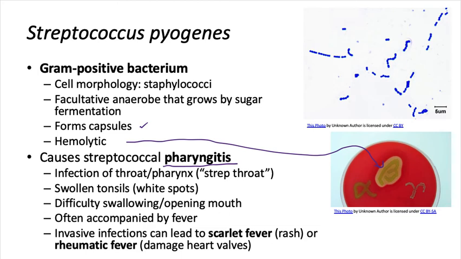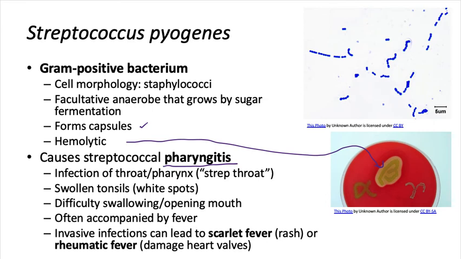Pharyngitis is a very dangerous infection in that it can lead to other infections or disseminate to other parts of the body. If it spreads to the skin and you have a rash, that's called scarlet fever. And rheumatic fever is when the heart valves get damaged or the endocardium of the heart is infected.